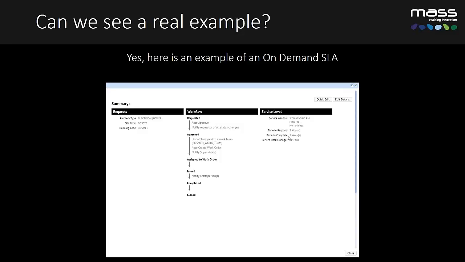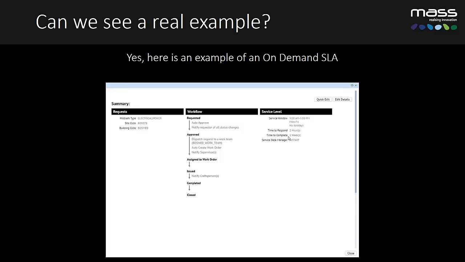As we can see on the screen here, we have a very basic example of an SLA within an HQ database. Within this one, we see the workflow, the summary of the SLA itself. The requests state the problem types attached to the SLA, the site and the building code, assuming you have assigned as such to the SLA.